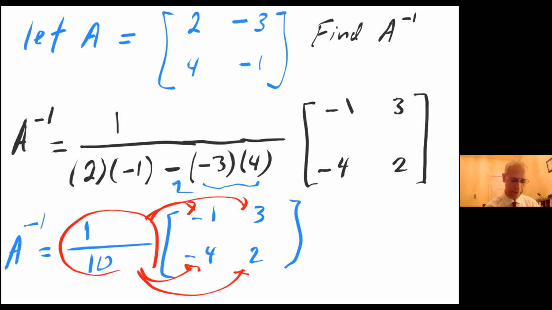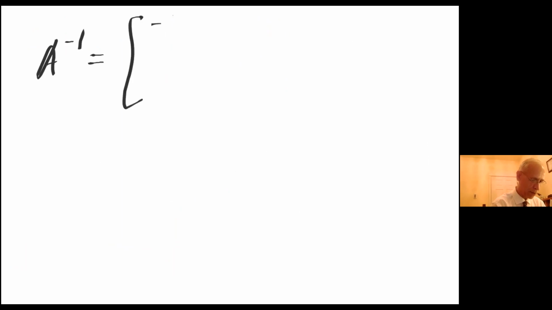So A inverse equals 1 over 10 times -1 gives me -1 over 10. 1 over 10 times 3 gives me 3 over 10. 1 over 10 times -4 is -4 over 10.